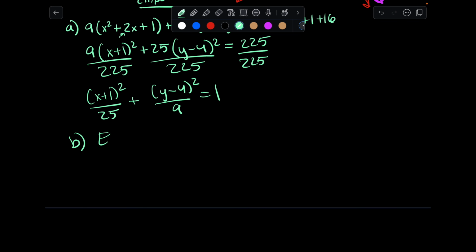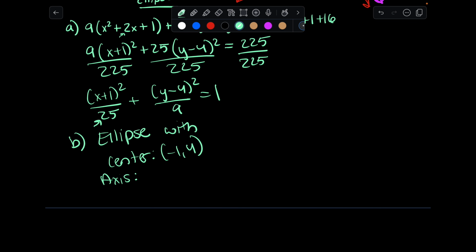Part B. So it's an ellipse with the center at -1, 4. And then we have two axes, our major and our minor. In this case, we have a larger denominator with the x, which means the horizontal axis will be the major axis.